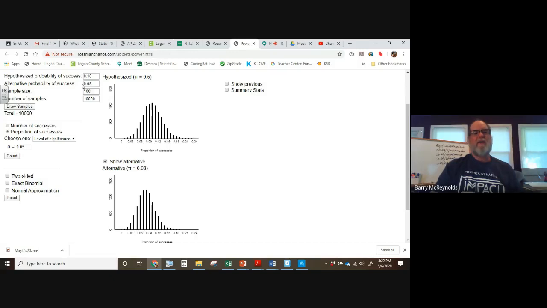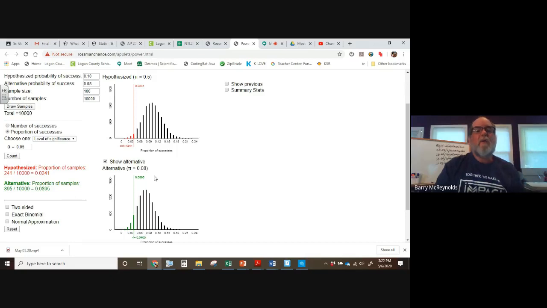And with a sample size of 100, I want to now check the proportion of successes. What I get is a power of only about 0.0895, so about 9%.